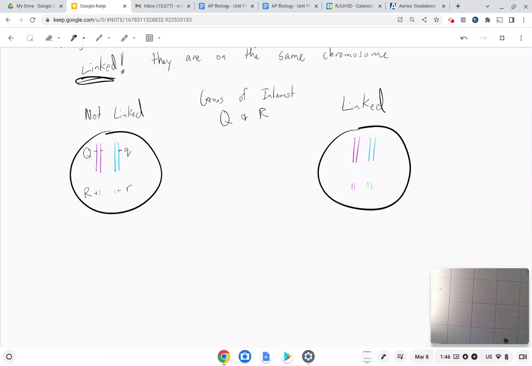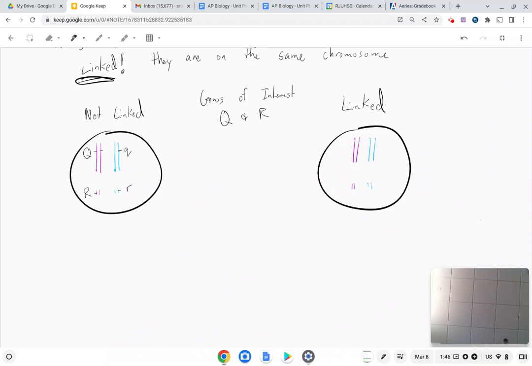It could be different, but we have to pick something. I'm just going to say that the maternal copies are dominant, the paternal are recessive. Doesn't have to be that way. It could just as well have dominant alleles for the paternal, but like I said, we got to pick something.